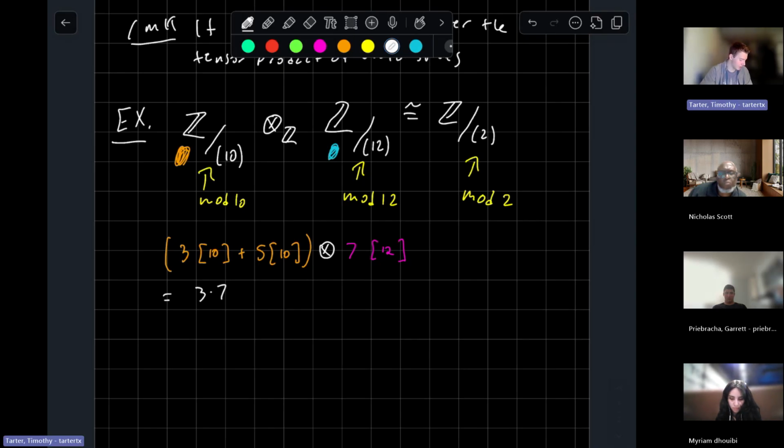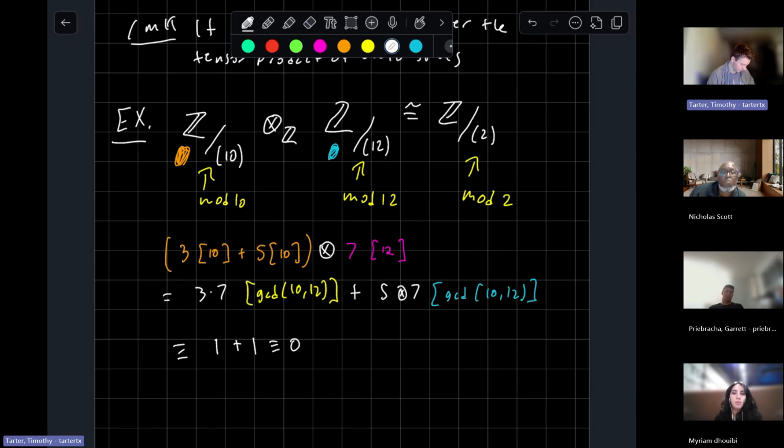So the way they get the mod 2 piece is that the Z tensor product is defined so that this is mod GCD of 10 and 12. That's the missing piece of information. So then this is plus 5 times 7 mod GCD of 10 and 12, which is equal to 21 mod 2, which is congruent to 1, plus 35 mod 2, which is also 1, which is congruent to 0.